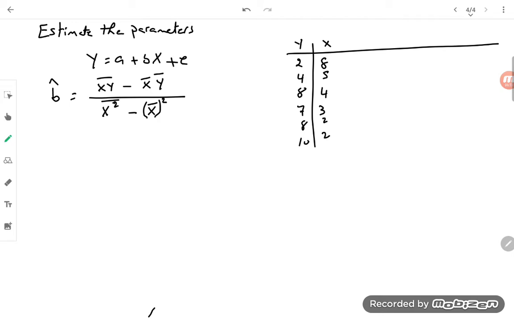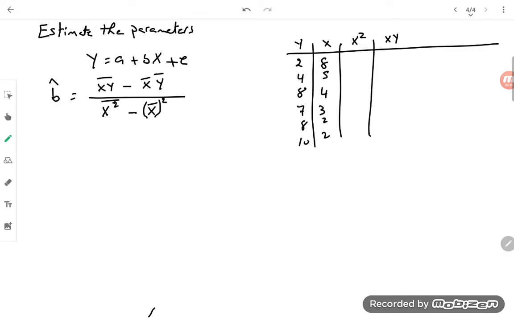So we have to calculate x bar, y bar, x squared bar, xy bar. Bar means the mean. The mean of anything is calculated as its summation over its number. Okay, so here we have to add x squared, xy.